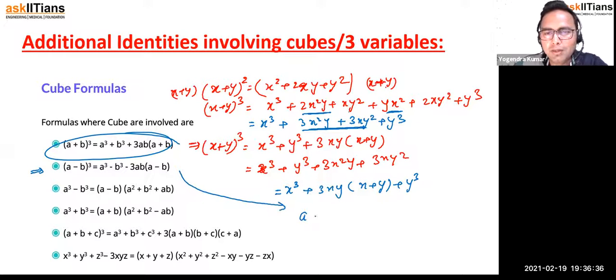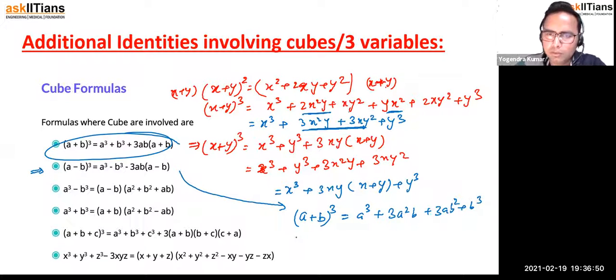What you do here: (a plus b) whole cube, you know, right? That is a cube plus 3a square b plus 3ab square plus b cube. You know this. Now you want to do it for this one and you are getting confused by the minus. No need to worry.